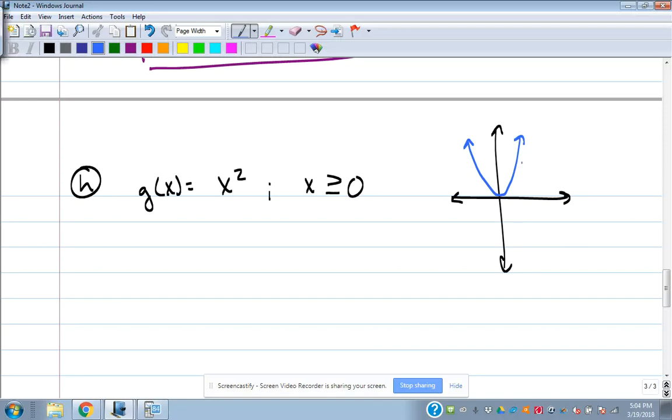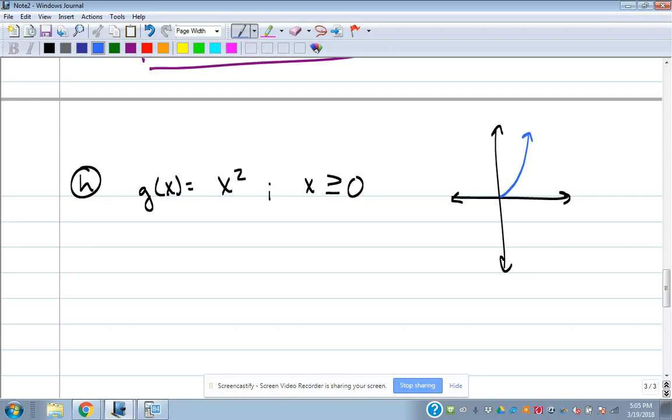So right now, what I've drawn doesn't pass the horizontal line test. But if I only graph the part that's greater than or equal to 0 on the x's, that does pass the horizontal line test. This is just a restriction on the domain, so that it will be 1-to-1 and we can find the inverse function for it.